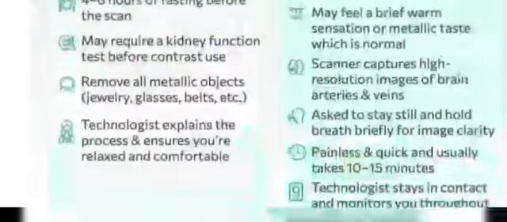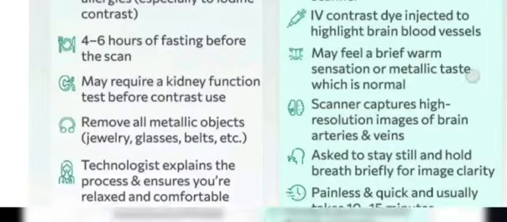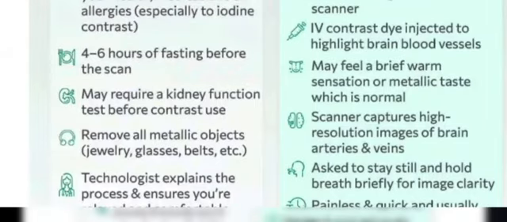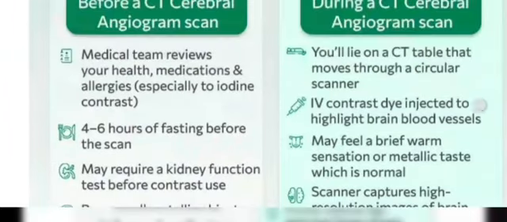So next we will look at the technique. The patient will be lying on the angiographic table, and we will inject local anesthesia. Why do we use local anesthesia? To numb the area over the femoral artery.